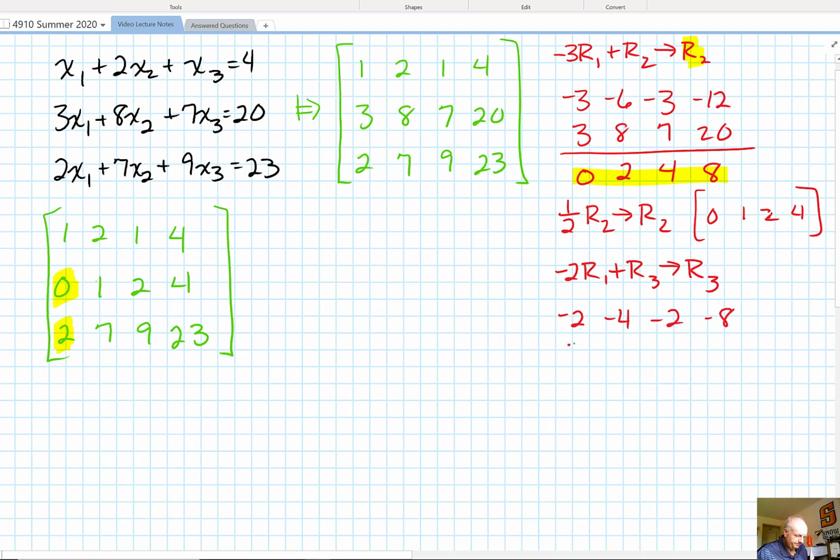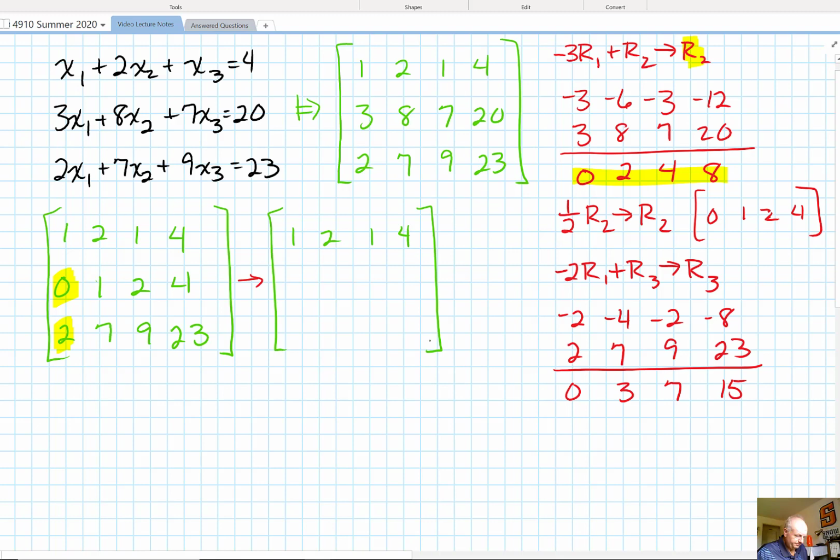Row 3, 2, 7, 9, 23. And when we add those together, we just get 0, 3, 7, 15. Right? That's not going to be divisible by anything, so we're just fine to enter that as it is into our new matrix. So row 1 stays the same, like that, right?